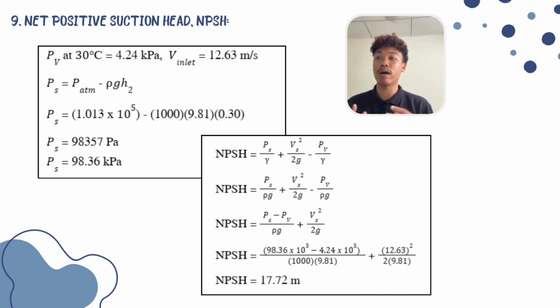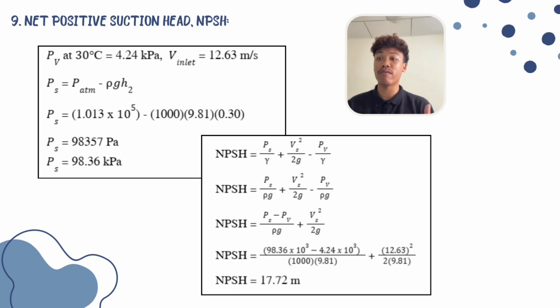The formula of net positive suction head is PS over specific weight plus VS squared over 2G minus PV over specific weight. In this case, PV at 30 degrees Celsius is equal to 4.24 kPa, and V inlet is 12.63 meters per second.